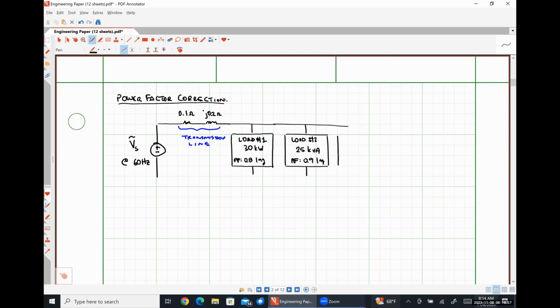And let's put a third load over here. Let's say that it draws 10 kilowatts at a power factor of 0.88 leading. Let me draw that a little bit better so that we can see. 0.88 lead. There we go.